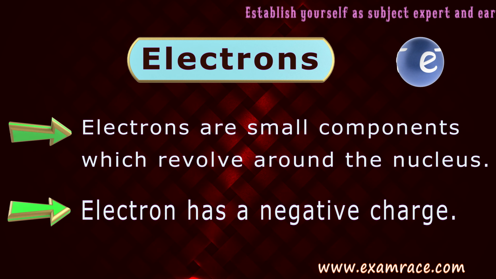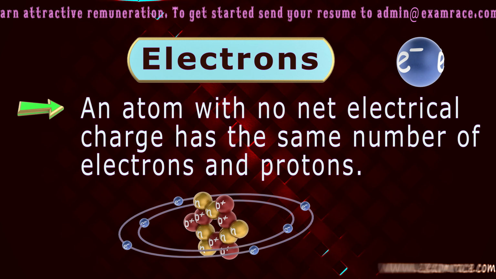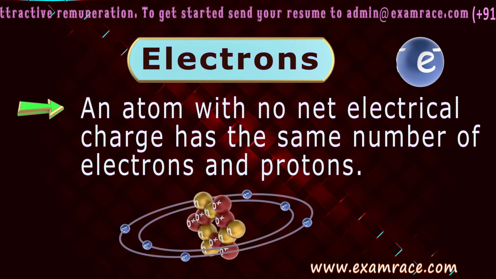Now, if an atom doesn't have any net charge, that means the atom has an equal number of protons and electrons. The equal number of protons and electrons balances out the charge. And neutrons have no charge.